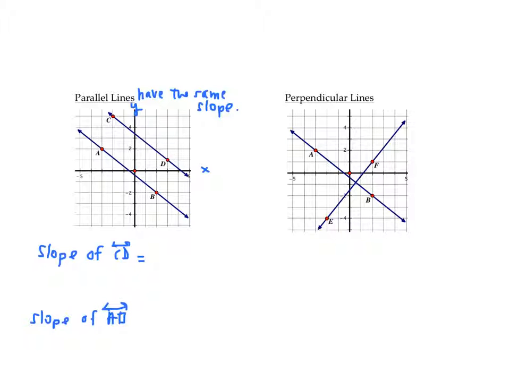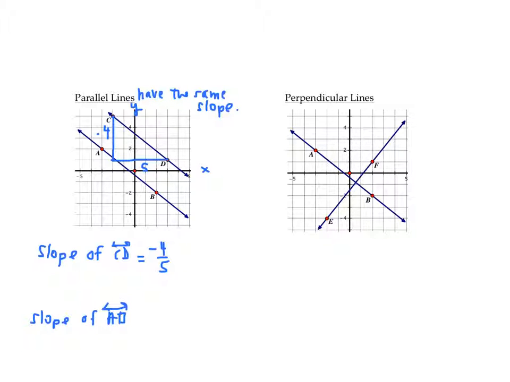Okay. So the slope of line CD, if we start here on the left at point C, we want to go down 1, 2, 3, 4. So the change in y would be negative 4. And then the change in x, going to the right, 1, 2, 3, 4, 5. So the slope of line CD is negative 4/5.